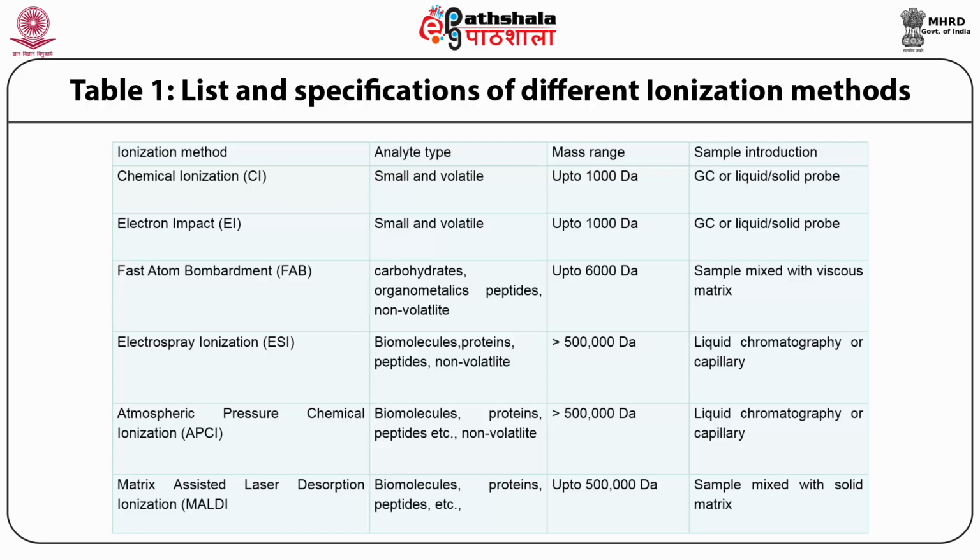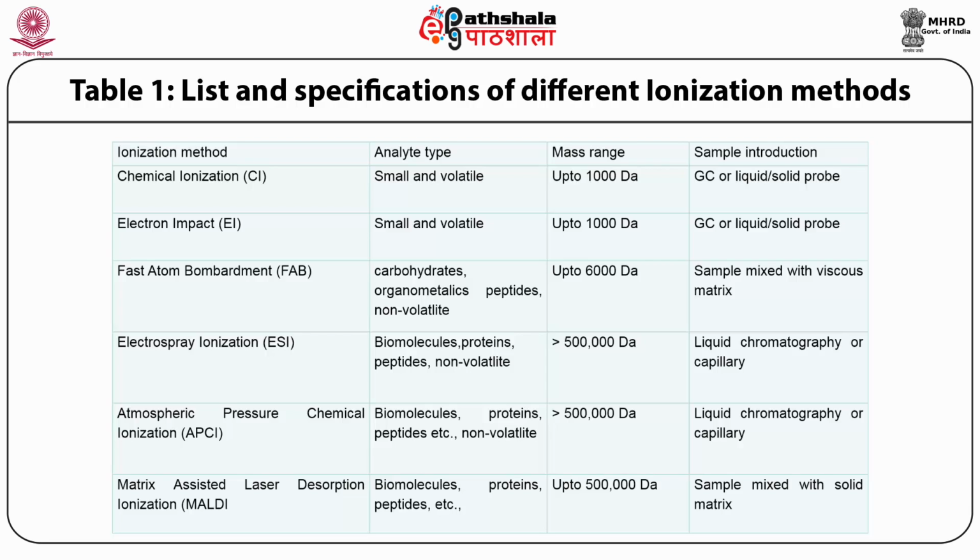In fast atom bombardment, the sample is mixed with a matrix like glycerol, a mixture of dithiothreitol and other compounds, to keep the sample in a liquid state as it enters the high vacuum ion source. The matrix also protects the analyte from being damaged by the high energy bombarding particles.